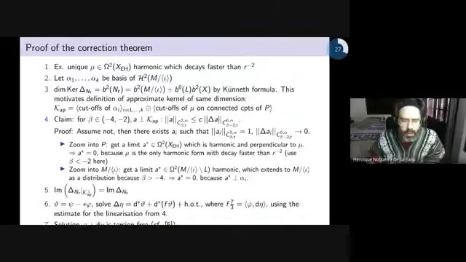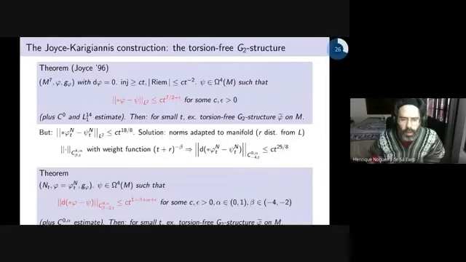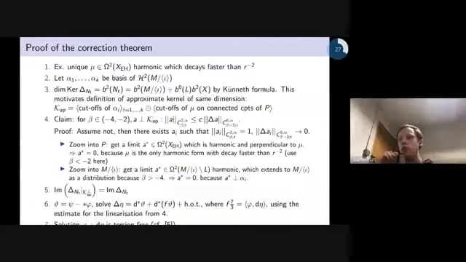Can you just say something about these walls, about -4, -2? What's the intuition? What's happening when you cross one of these two walls? Yes, that's an important question. For enthusiasts, I added this slide, which explains where the walls come from. But just to get this on the record, the -2 comes from the decay of harmonic forms on Eguchi-Hanson space.